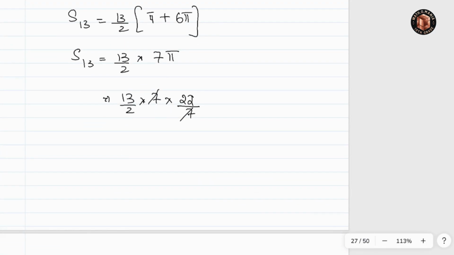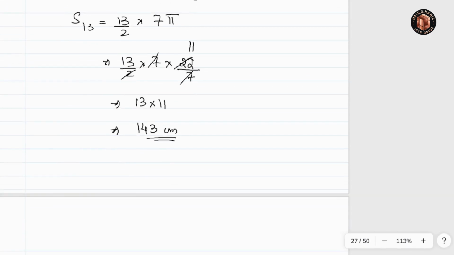Here this 7 and this 7 will get cancelled. This 2 and 22 will get cancelled and I will get 11. Now I need to find 13 into 11. What is 13 into 11? It is 143 centimeter. That means when we find the total length of the spiral made of 13 consecutive semicircles, the total length will be 143 centimeter.